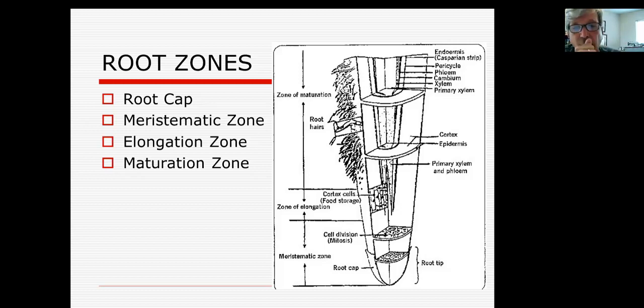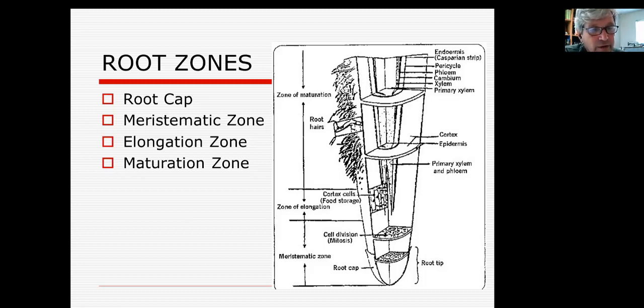and pushing down. Behind there, those cells that were formed not too long ago start elongating, they start filling up with water, and as they get larger, they expand, and that expansion of those cells is pushing the area of mitosis and the root cap.